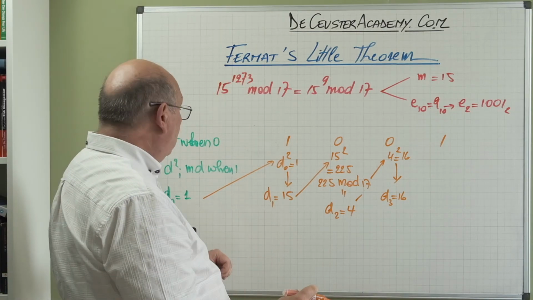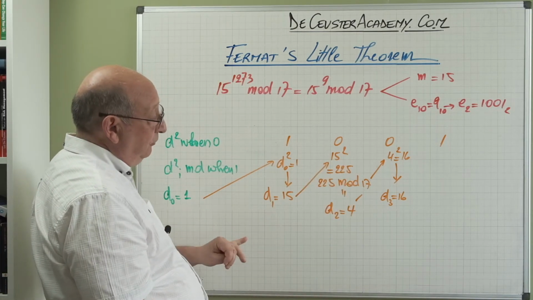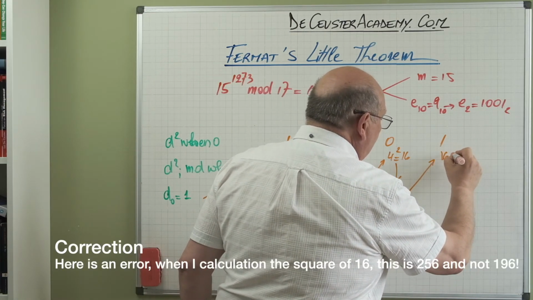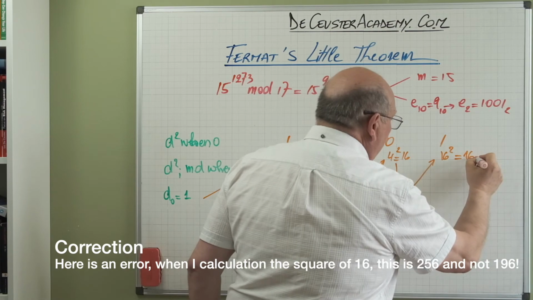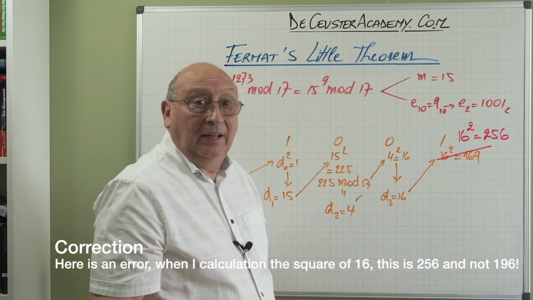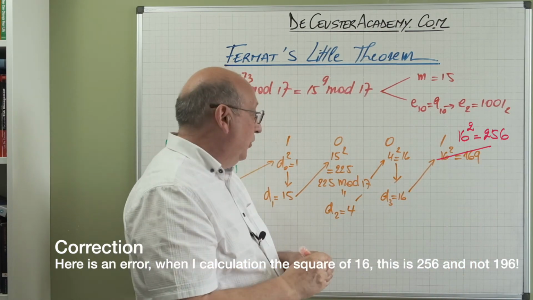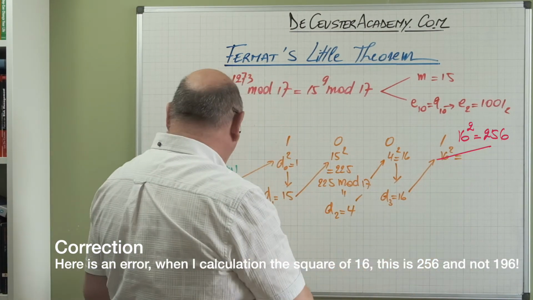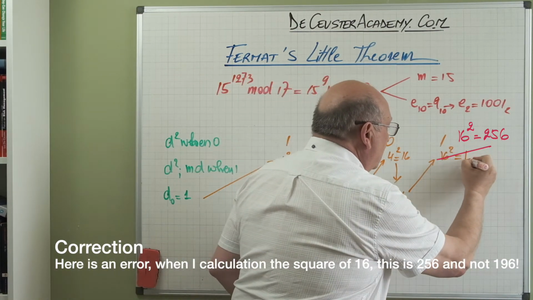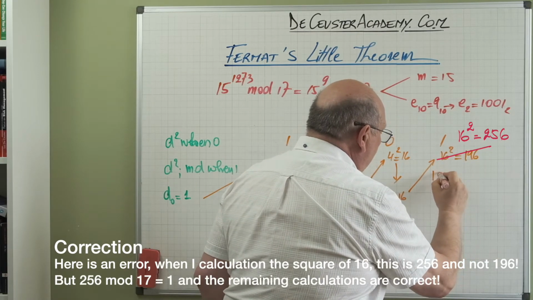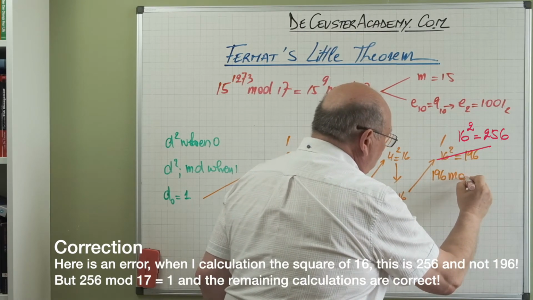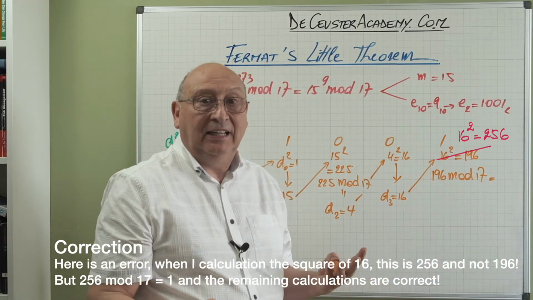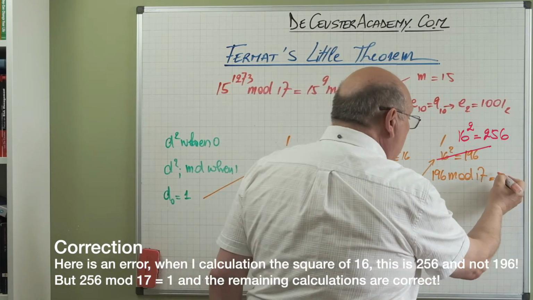We go to the last one, we have 1, so we first have to take the square of d3. So 16 to the square is 256. And 256 modulus 17, when we calculate it, this is equal to 1.